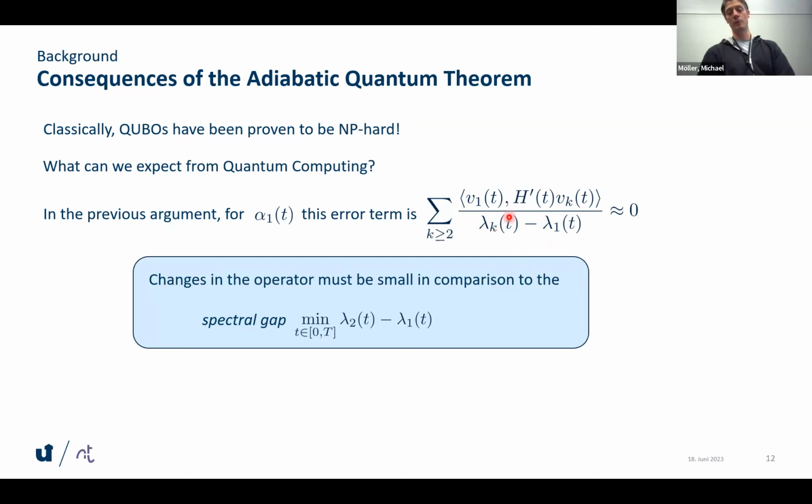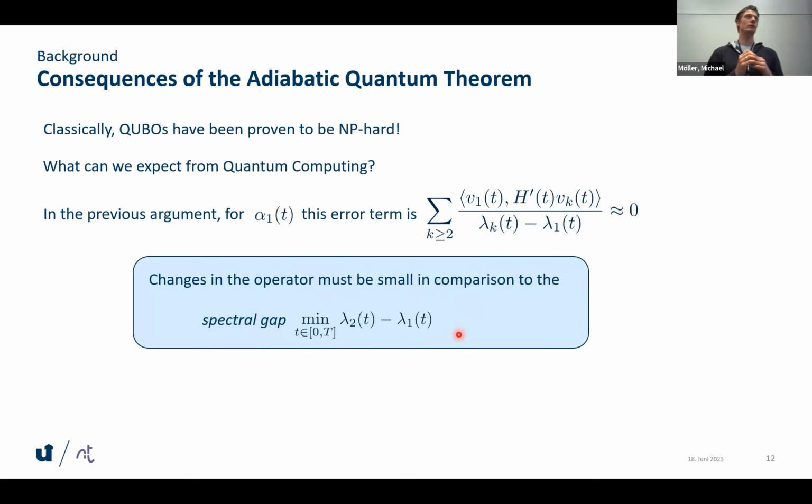So considering that the most important thing is this lambda 2, the changes in this operator here need to be small in comparison to what we call the spectral gap, namely the difference of the second smallest and the smallest eigenvalue of this matrix.